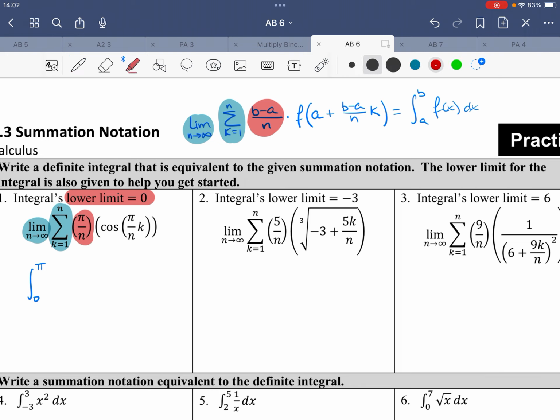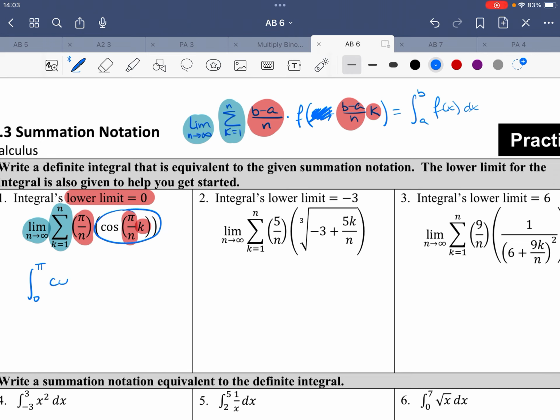And then let's keep looking at our expression. There's a k here and a k here, so this b minus a over n is the same as it was before, pi over n, that's also accounted for. A, in this case, is 0 in this example, so then we're left with f of b minus a over n times k has to be this.